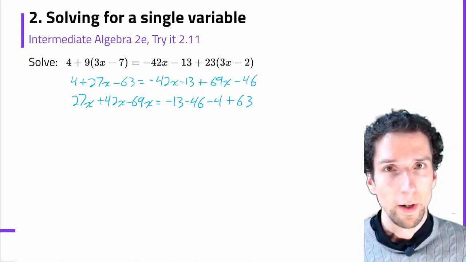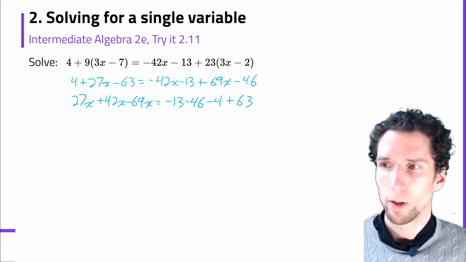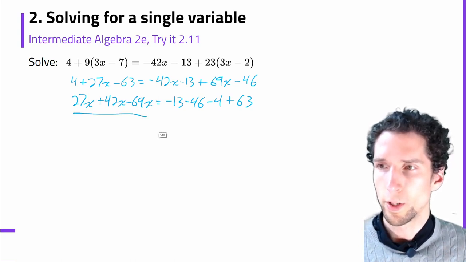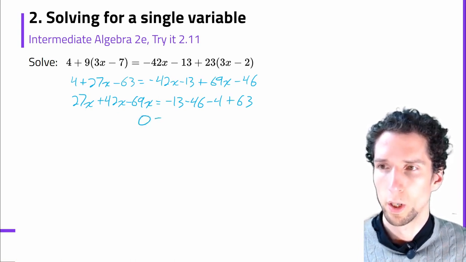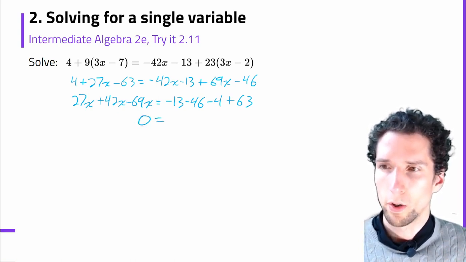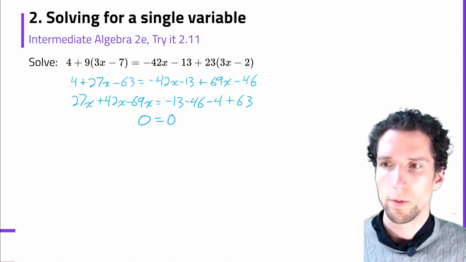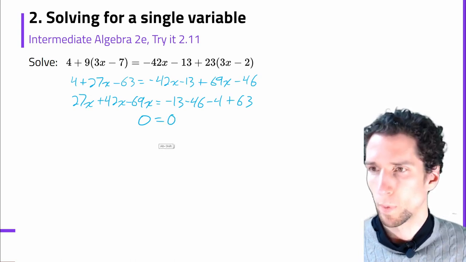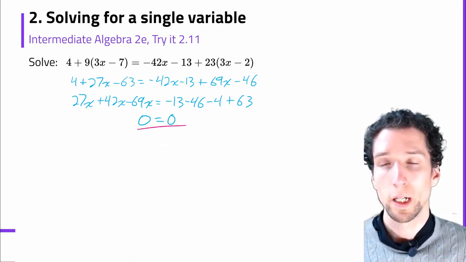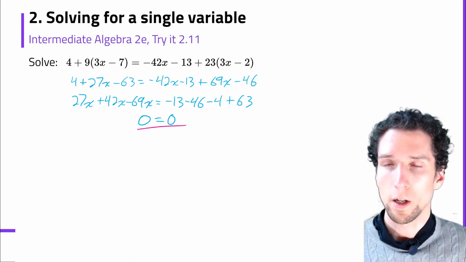Okay, so very conveniently, the x's are just disappearing here. 27 plus 42 is 69, minus 69, that's just 0. On the right side, negative 13 minus 46, that's negative 59, minus 4 is negative 63, plus 63. So that's also 0.